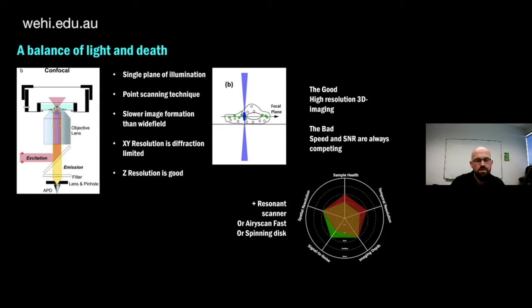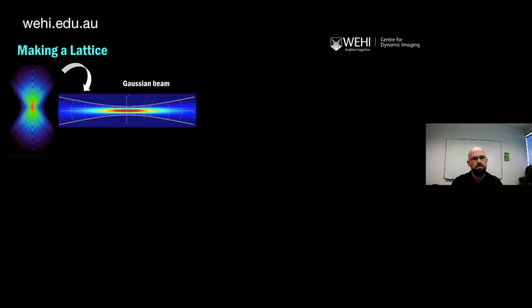So light sheet, and in particular lattice light sheet, is sort of this four-dimensional and fast imaging resolution. So the thinking behind light sheet is you take that sort of rugby ball or footy ball shaped focus spot of light, you turn it on its side, you stretch it out in length and width, and instead of having a single point you scan very quickly, you have a sheet of light which illuminates your whole plane simultaneously.